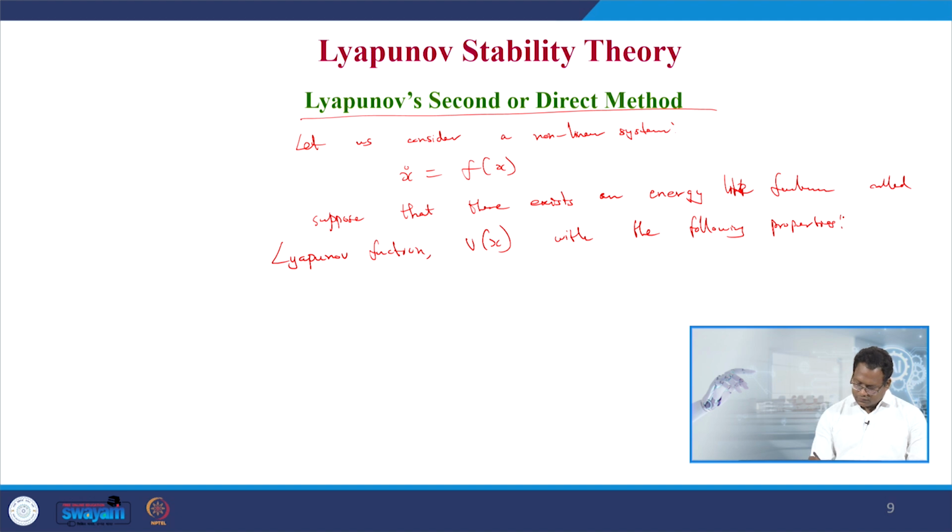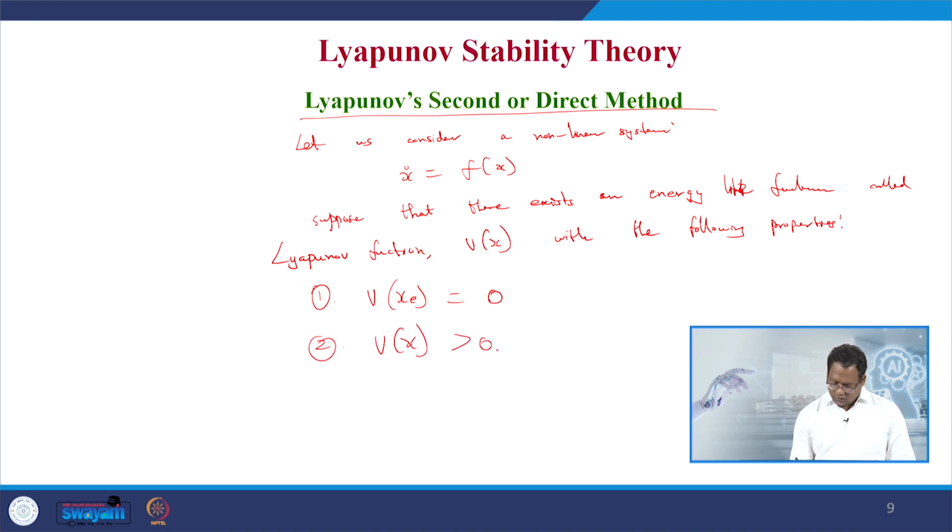such that number 1, V of x e equal to 0. So, the function value at the equilibrium point is 0 and V of x is positive definite, because we can say that V of x is a scalar positive definite function and V of x is greater than 0 for x not equal to x e.